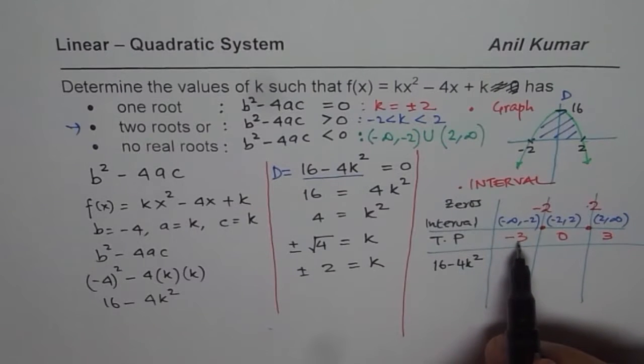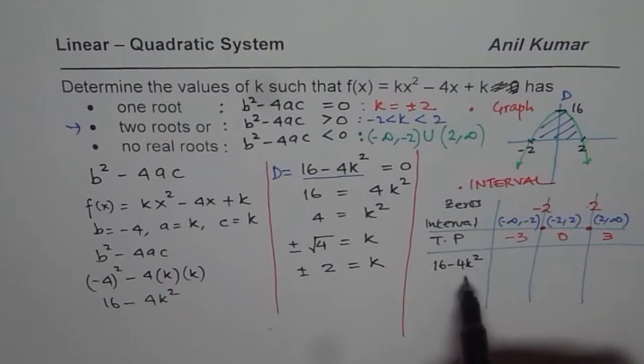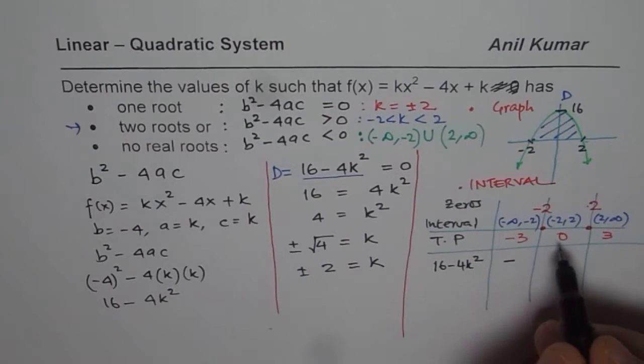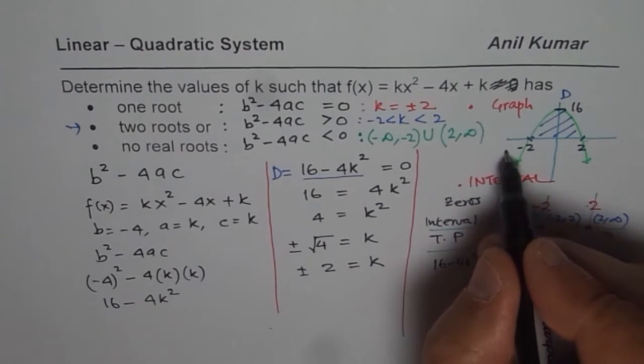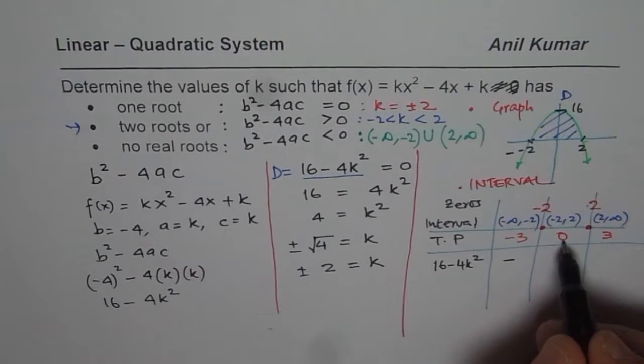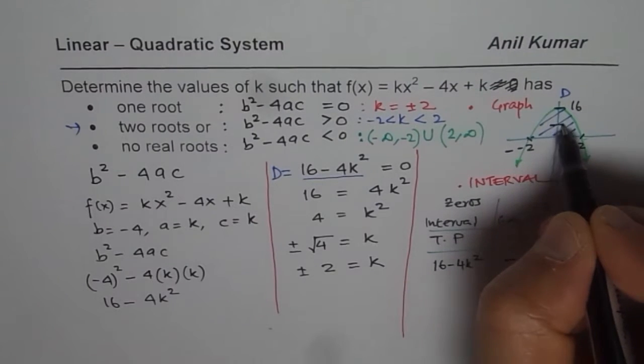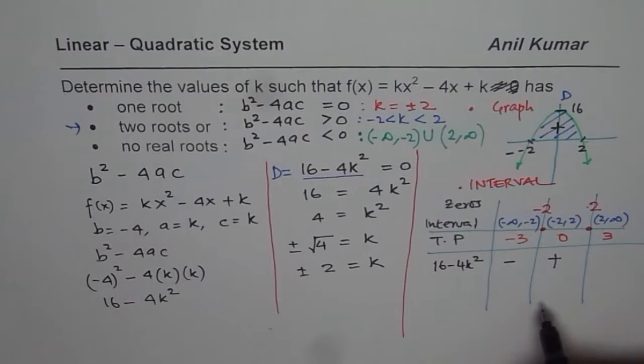So if I substitute minus 3 here, then what do I get? Minus 3 square will be 9. 9 times 4 is 36. So what I get here is a negative value. Do you see that? If I substitute 0 here, I get 16, which is positive, which we get from the graph also.